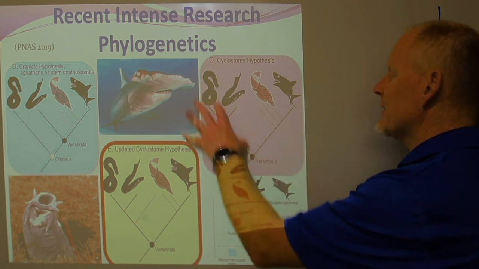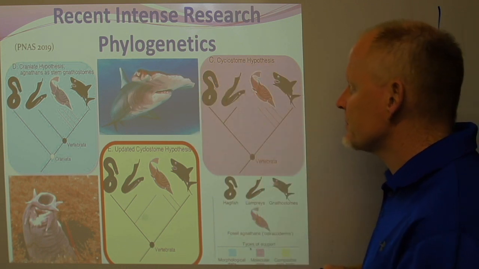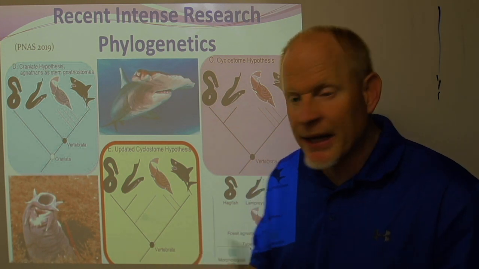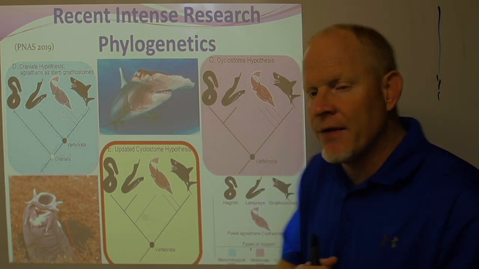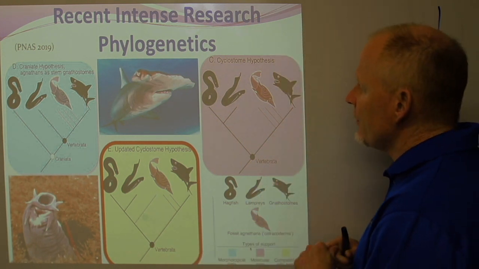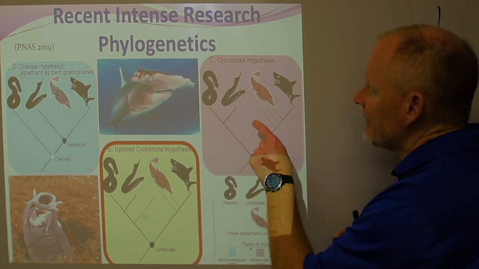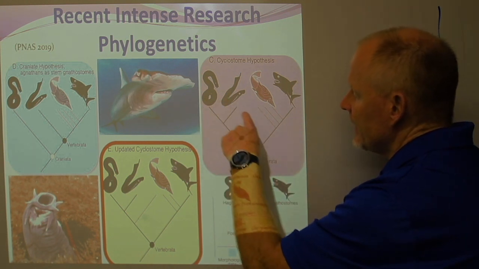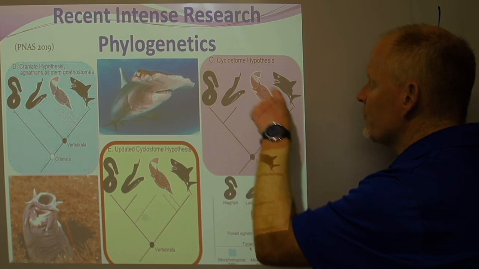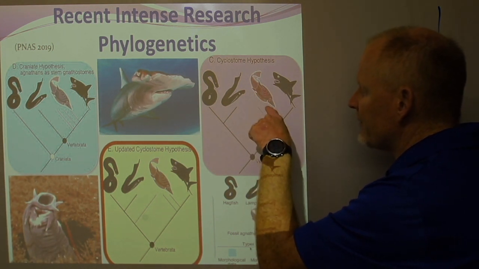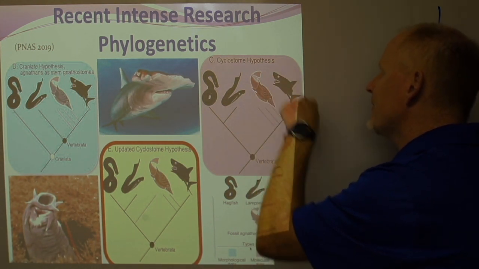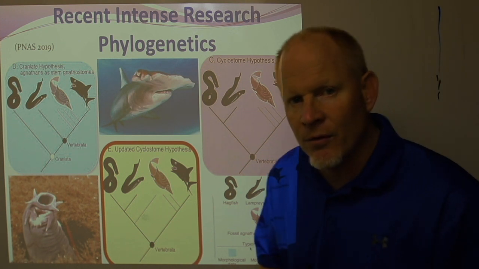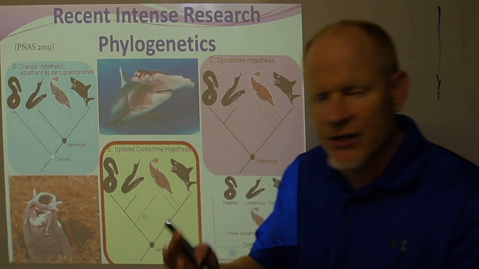Over here, we had what was called the cyclostome hypothesis, which was based on the original molecular data from their phylogenetic analysis, showing that we have cyclostomes and we have a group of ostracoderms here based on their morphology. And then we have the rest of what we're going to call fish and tetrapods.